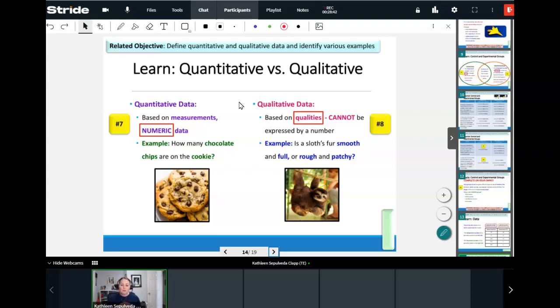For example, how many chocolate chips are on this cookie, you think? Just take a guess. 8. Good. 12. 10. Okay. Everybody's speaking a number right now, right? So guess what? That would be quantitative data, because I'm speaking in numbers.